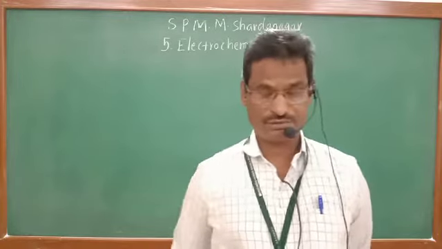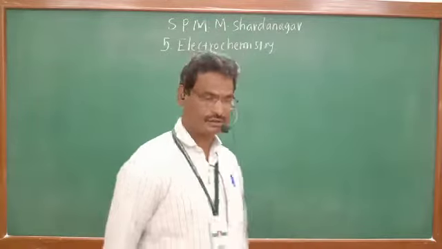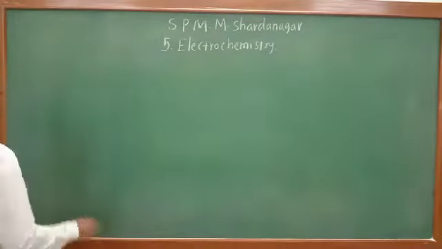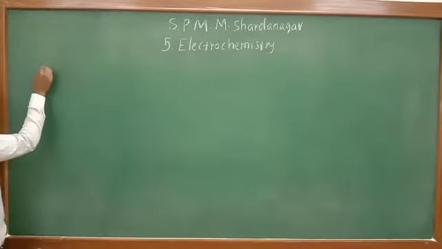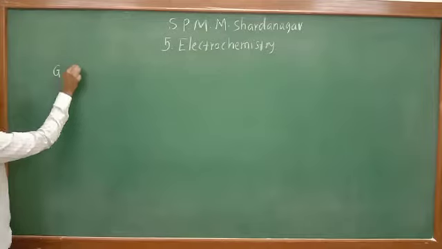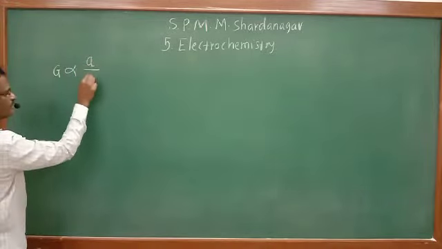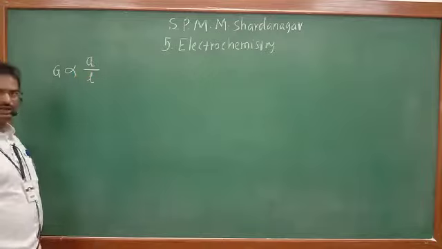And the conductance we have studied, that is important for electrolytic conductors. Conductance G of an electrolytic conductor is directly proportional to area of cross section and inversely proportional to length.